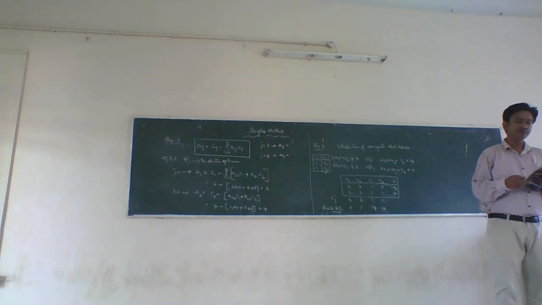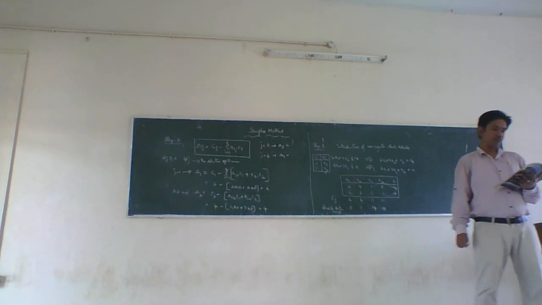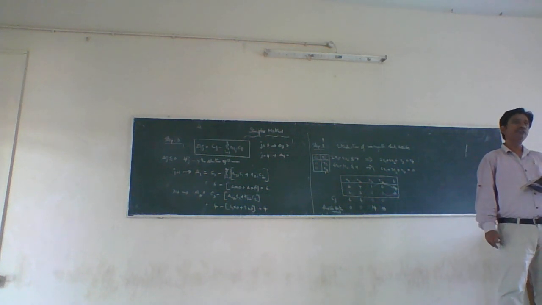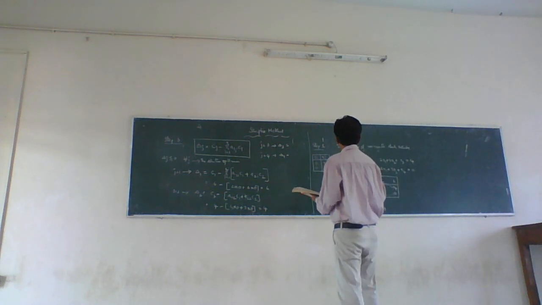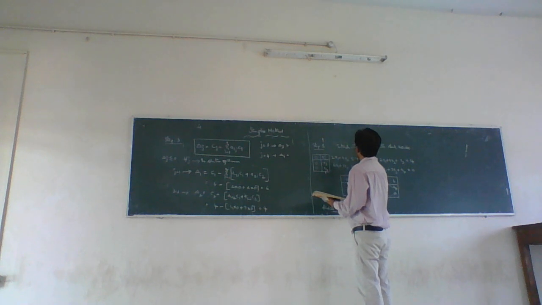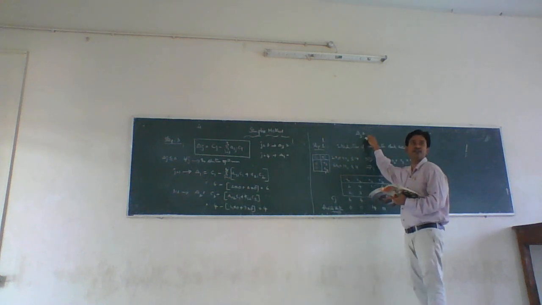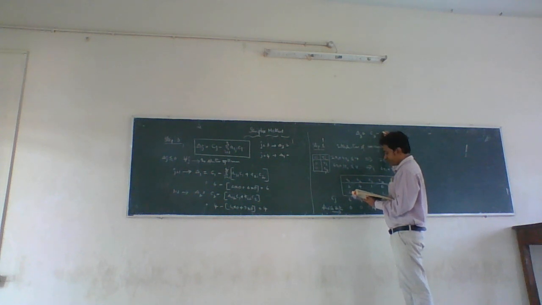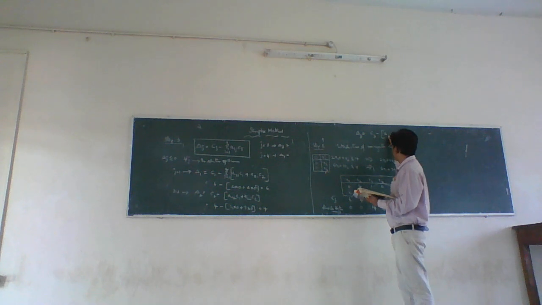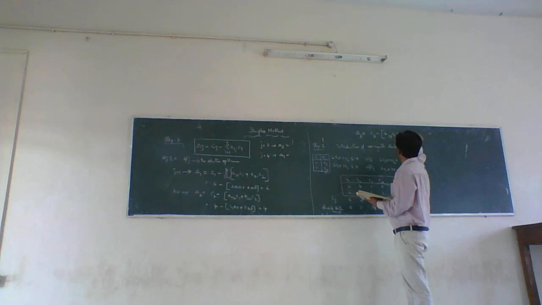What is delta 3? What is the formula for delta 3? C3 minus A13 into C1, next A23 into C2.